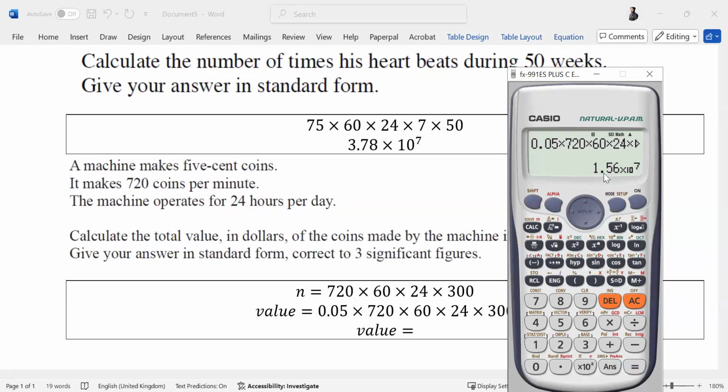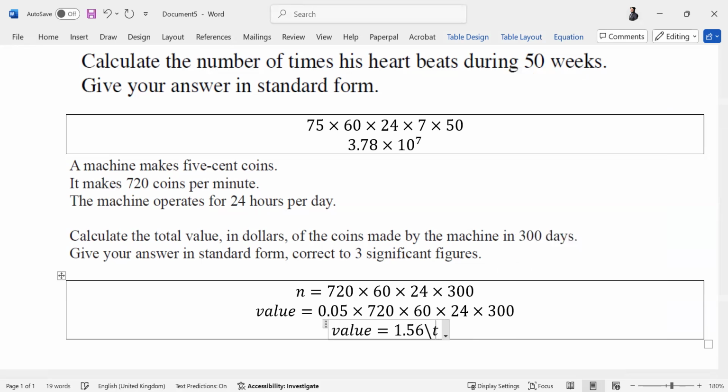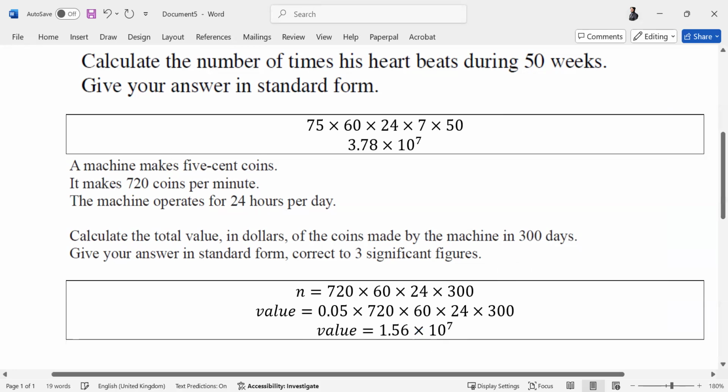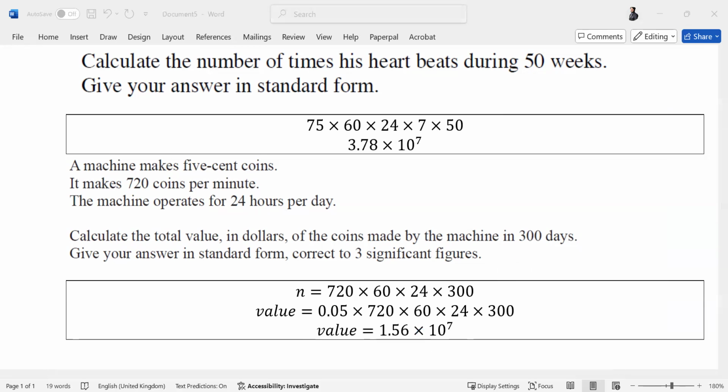And there you see the calculator has given me the answer in standard form. I do not have to convert or press any other button. Neither do I have to round it off myself. 1.56 times 10 to the power 7. So this is how you can get your answers in standard form.